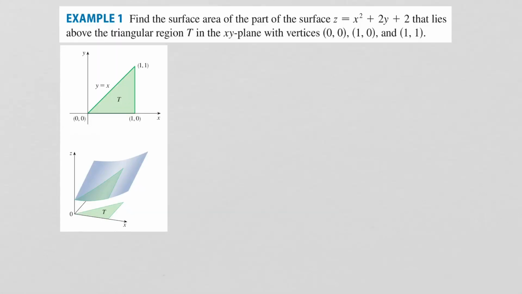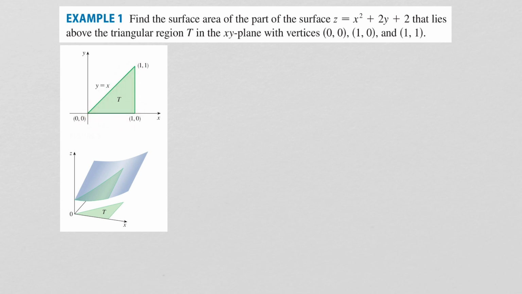In our first example, we want to find the surface area of the part of the surface of the function z equals x squared plus 2y plus 2 that lies above the triangular region T in the xy plane, and the region T is the triangle with these vertices, which you can see here.